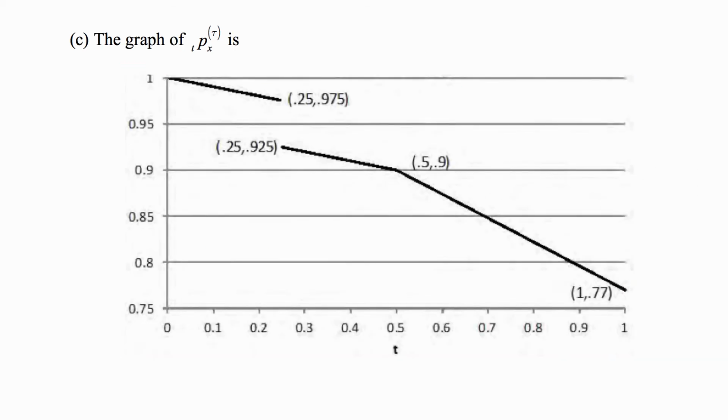The graph of tpx tau is of this form, and we see that jump from the fact that there is one decrement that operates effectively only at that time.